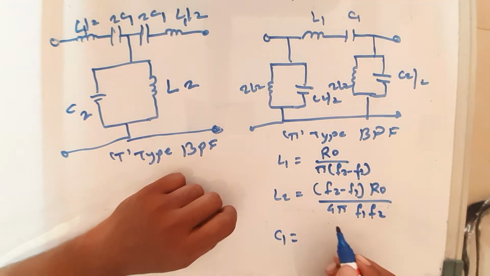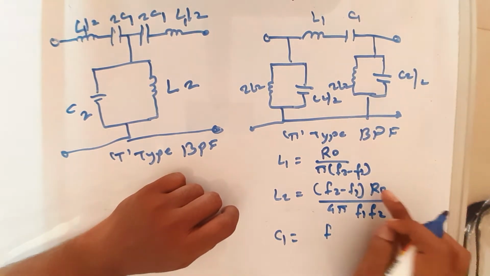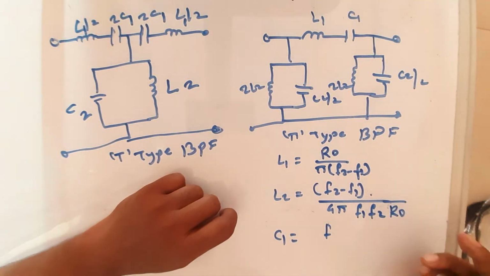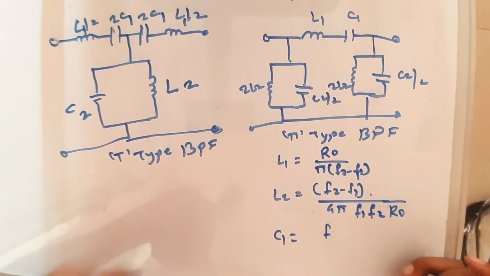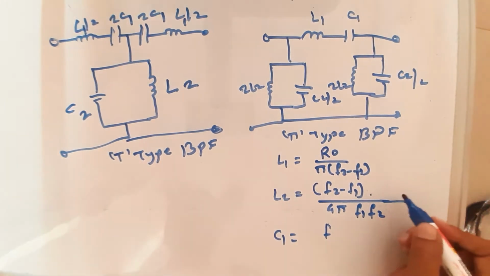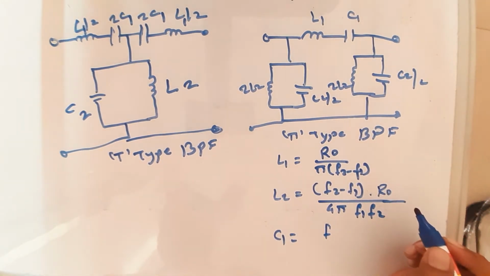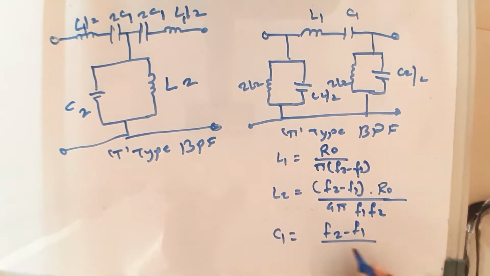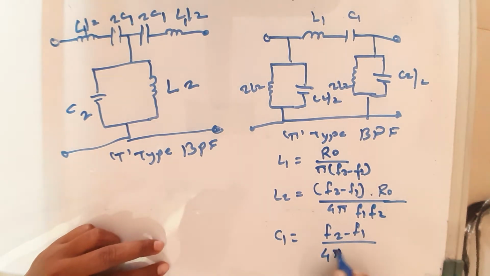Okay, similarly formula for C1 equal to F2 minus F1 divided by 4 pi R0 F1 F2.